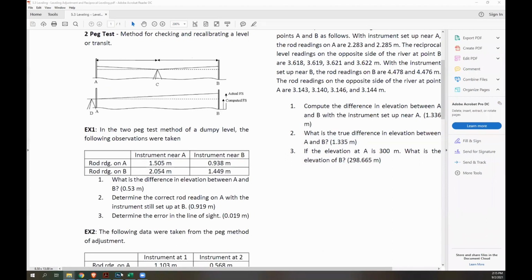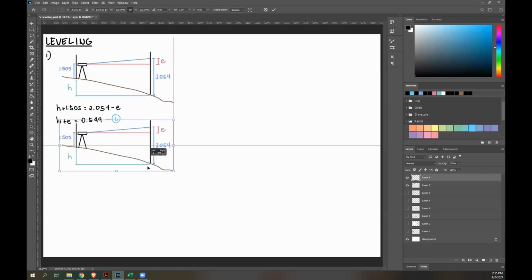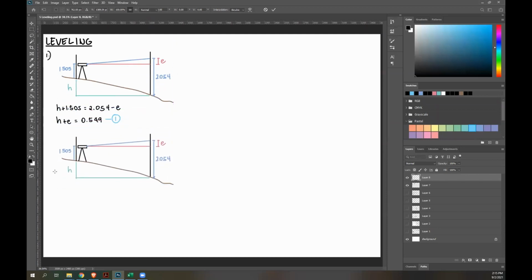Now the instrument is near B. Okay, so I'll just copy this. So with the instrument near B, the readings would be different. Let's say it's somewhere here.